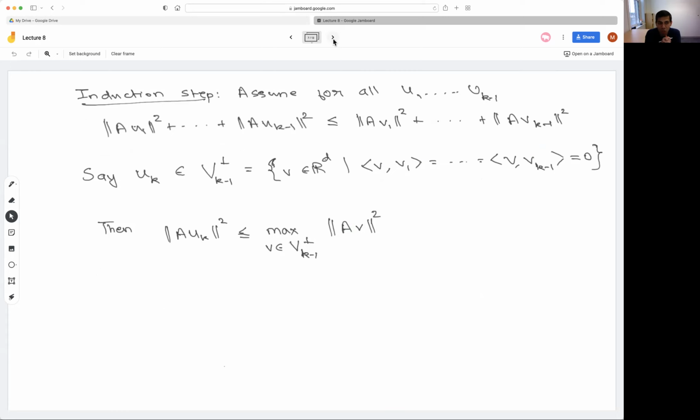Now we want to say that if you add a term which corresponds to A times Uk norm squared on the left side, and A times Vk norm squared on the right side, then the inequality continues to hold.